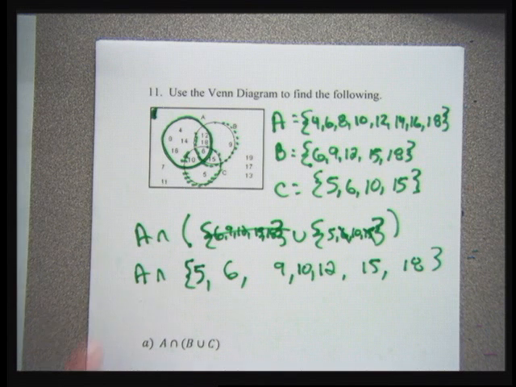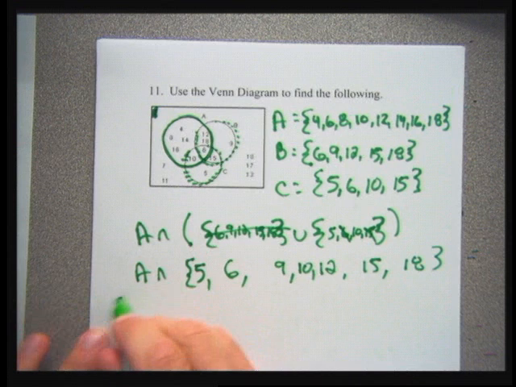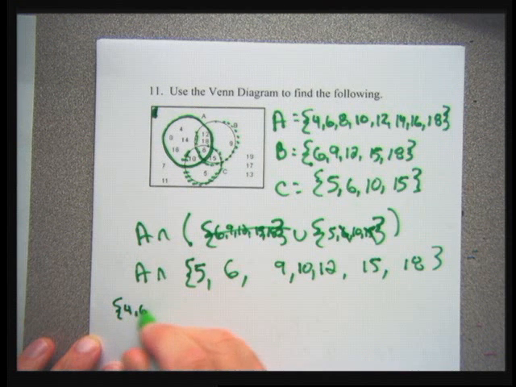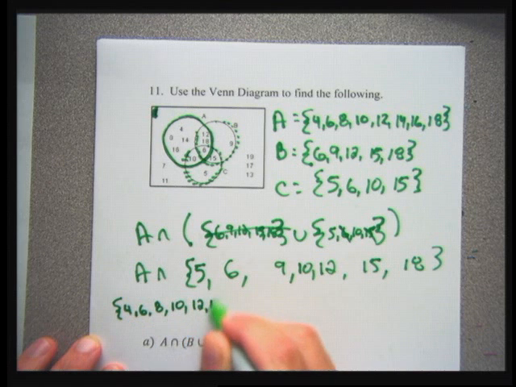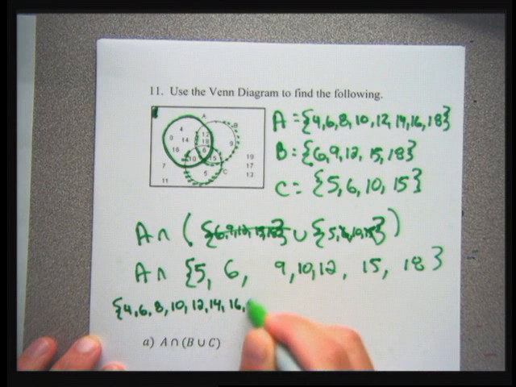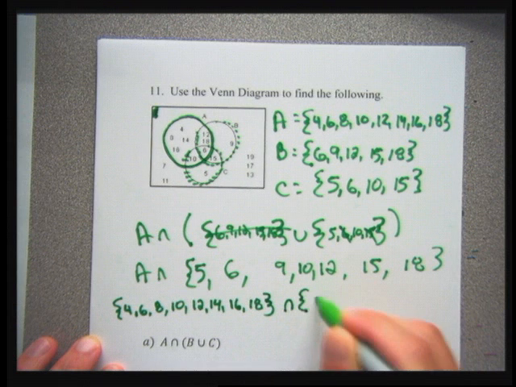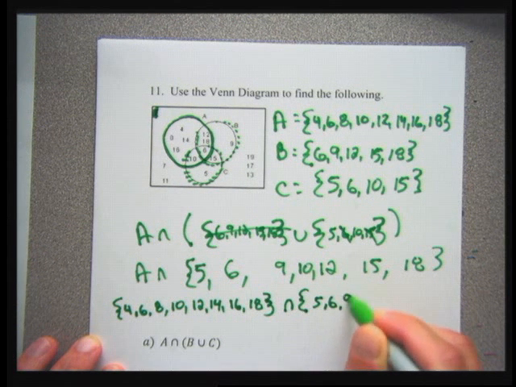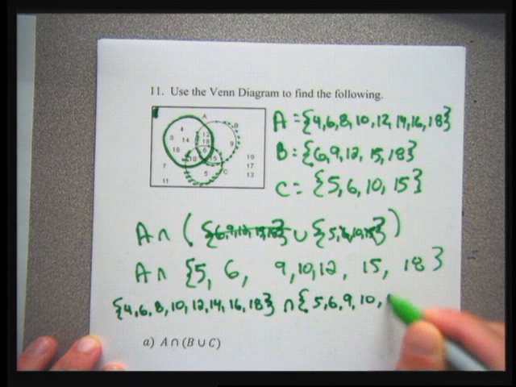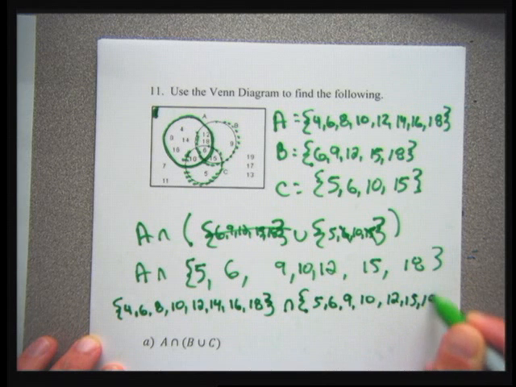Now I'm going to do the intersection. A is the set that contains 4, 6, 8, 10, 12, 14, 16, and 18. I'm intersecting that with the set that has 5, 6, 9, 10, 12, 15, and 18.